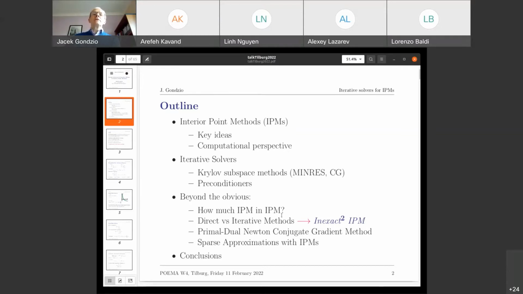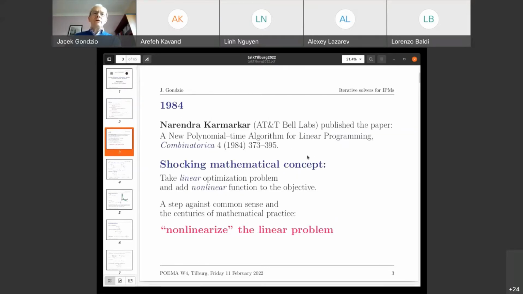And I will then talk about very, very inexact interior point methods and also primal dual Newton conjugate gradient. To finish up with a variety of applications which originate from sparse approximations, all of them solved with interior point methods. Right, so let me start from this.